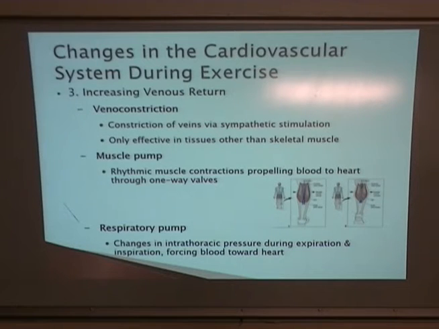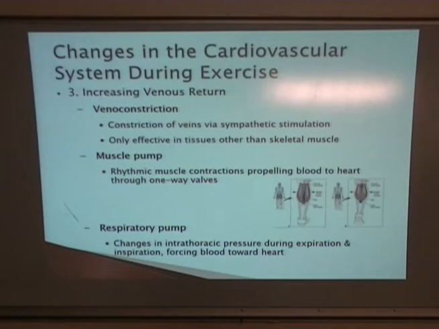Blood pressure is quite low in the veins compared to the aortic arch and the arteries, so we have to do something more than just let it flow back, it's too slow. So we constrict the veins, and that increases the flow from the vein up towards the heart.